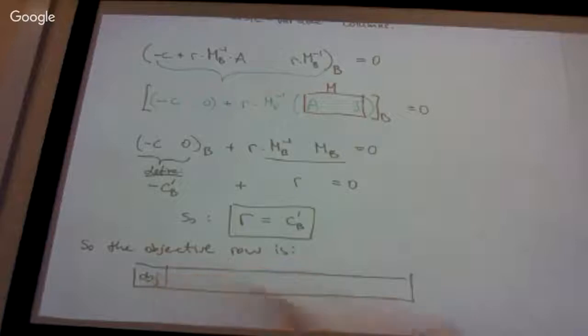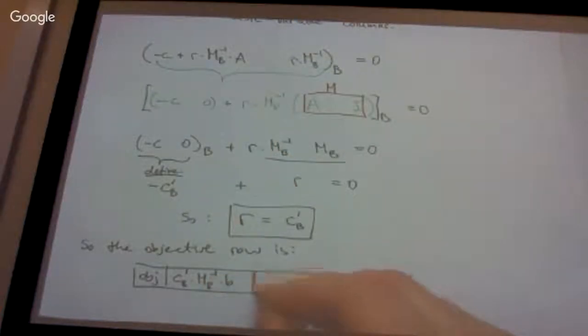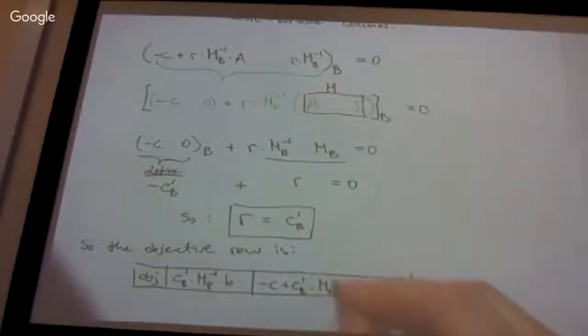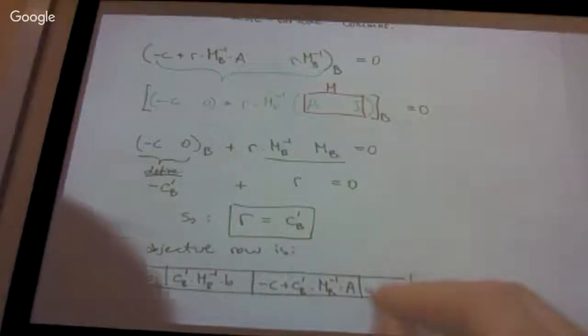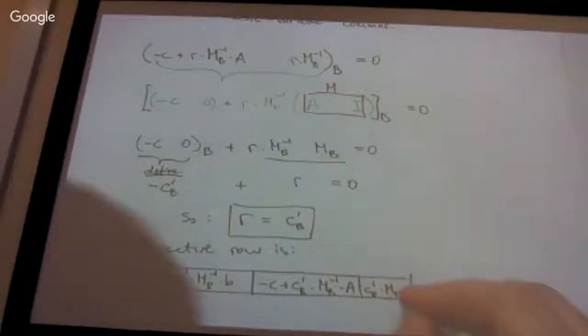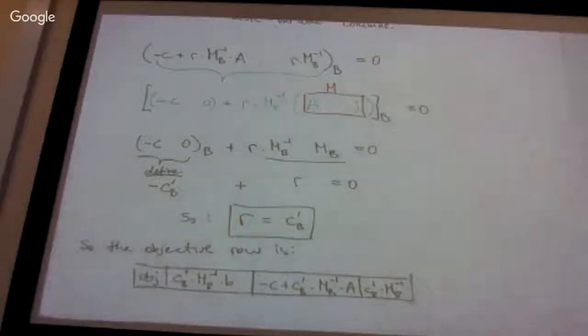And just to label, I'm just copying from the thing that's hiding just above here.